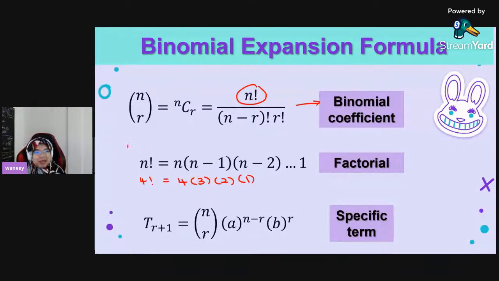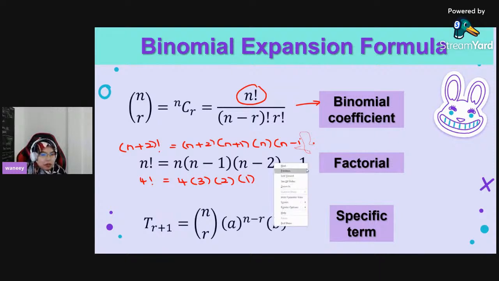So if let's say you have (n plus 2) factorial, then it will be (n plus 2), then (n plus 1), then n, then (n minus 1), and so on.